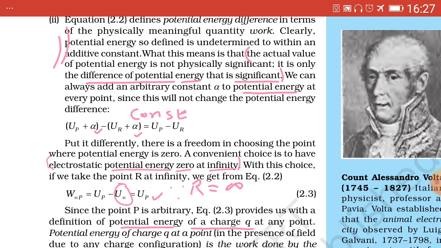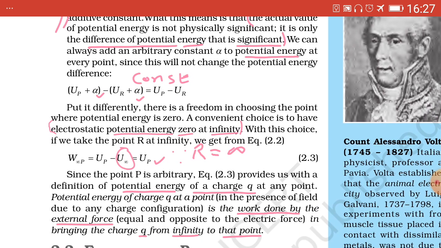Here we have taken a convenient choice of electrostatic potential energy to be 0 at infinity, and if we take point r equal to infinity, then we have W infinity P. Instead of r, we have substituted infinity in equation number 2.1.